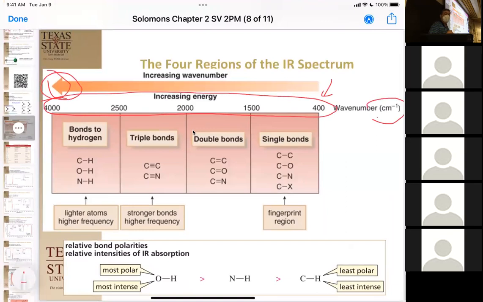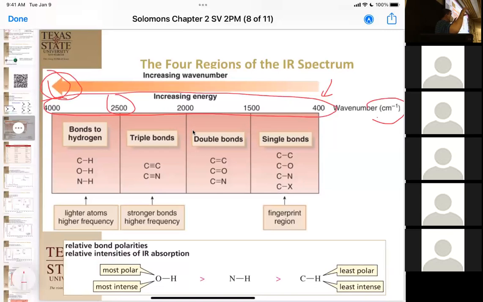Second thing I want to say is there are going to be 3 types of bonds between 2,500 and 4,000 wave numbers. And they are all what I call heavy atom, light atom bonds. So it's stuff bonded to hydrogen: carbon hydrogen, oxygen hydrogen, nitrogen hydrogen. They're all bonded to hydrogen. And the way I want to think about those is that you have a big atom and a small atom.